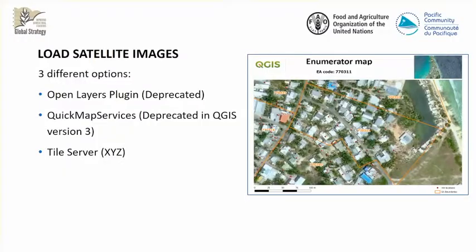Then we have QuickMapServices, which works the same way as the OpenLayers plugin, but it's not going to be available in QGIS 3, okay? Because the way to load satellite images or backdrops into QGIS now is the tile server tool, which is already built in, already integrated into the software.